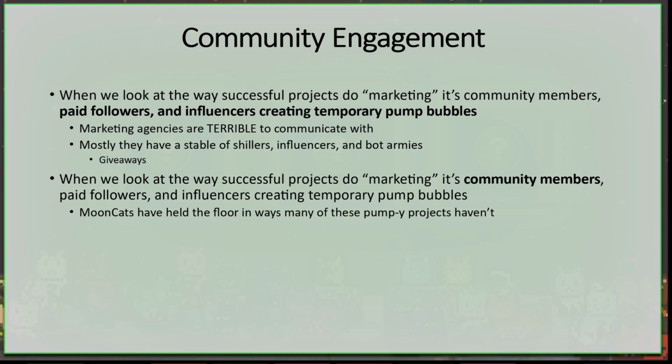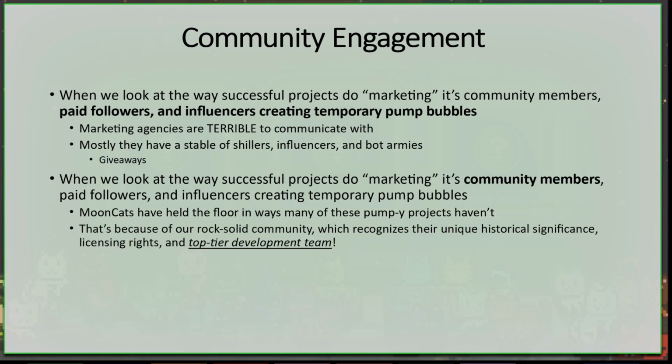We have really held our floor in a way that modern projects that get pumped by these influencers just don't. And so, yeah, we're down from all-time high, but we're also stable. And to me, that means a lot. And that's thanks to our community members, and of course, our very tongue-in-cheek top-tier development team.